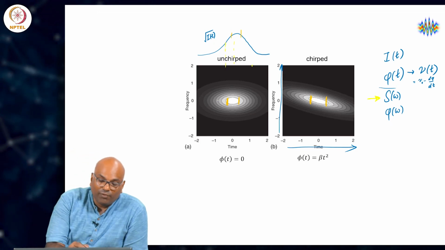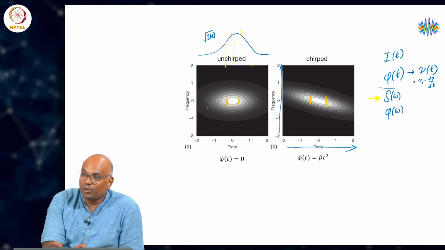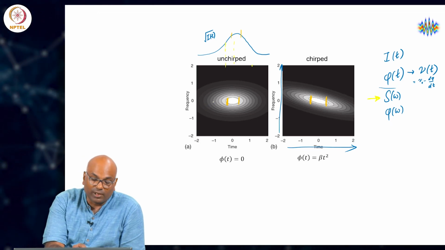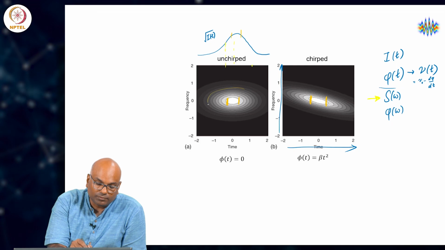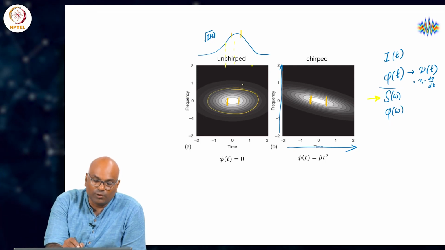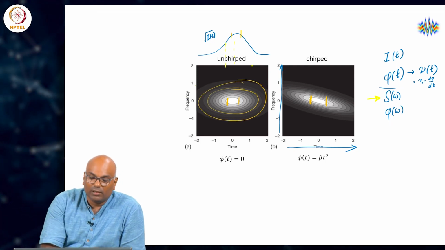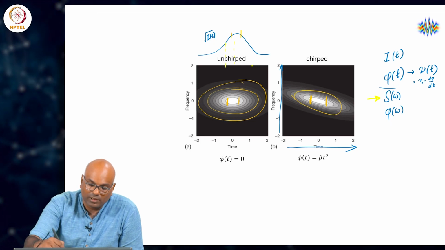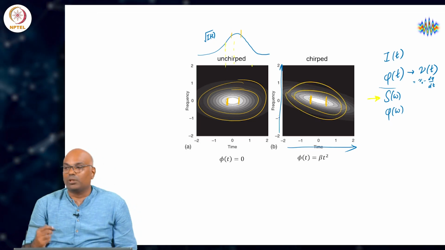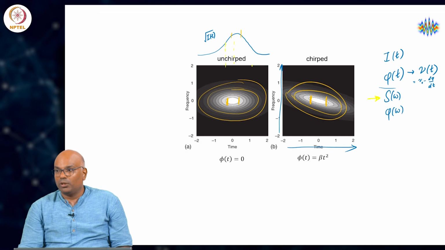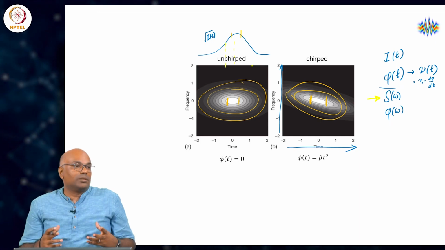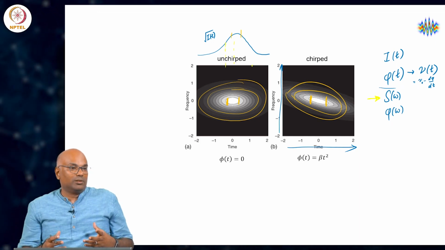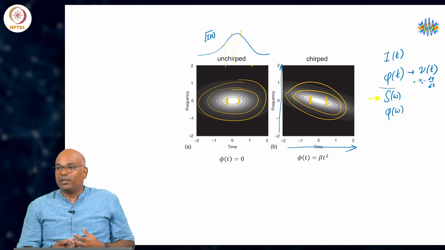Whereas, if we can do something to produce the entire Wigner distribution, for an unchirped pulse, this is a set of horizontally aligned contours and this is a set of tilted, elliptical contours on this 2D map, this can give us hope for uniquely identifying a pulse.